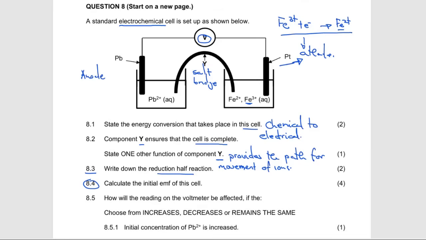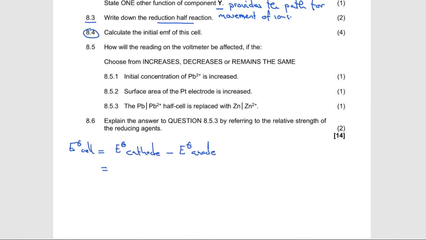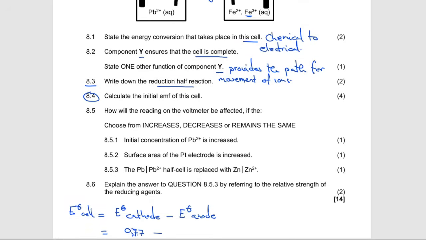Therefore, we're going to say your E theta cell is our cathode. We got that value for iron, a positive 0.77. So I'm going to say 0.77, then minus, because we're subtracting our Pb there, right?